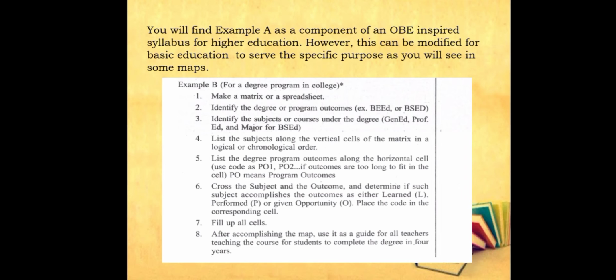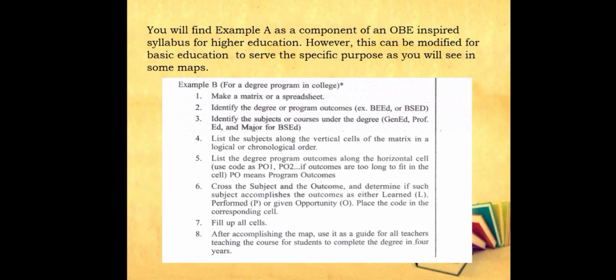5. List the degree program outcomes along the horizontal cells. Use codes such as PO1 or PO2 if outcomes are too long to fit in the cell; PO means program outcomes. 6.